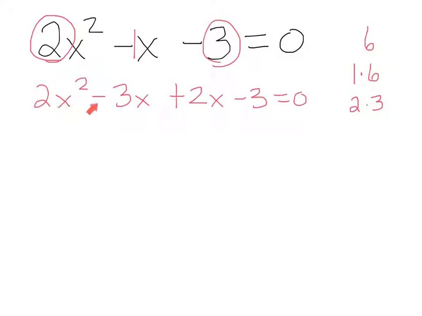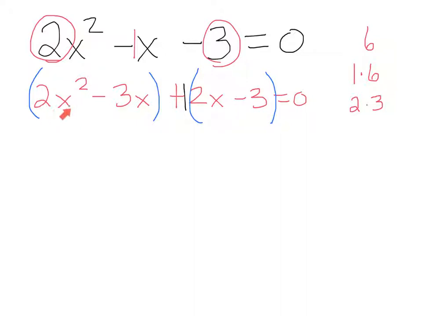And so when I write this, this is the exact same thing as this right here. And so now I need to group it. So I'm going to put parentheses around this and this. That's what grouping is. And what's understood to be in front of this parentheses right here is a 1. So I'm going to put a 1 there.